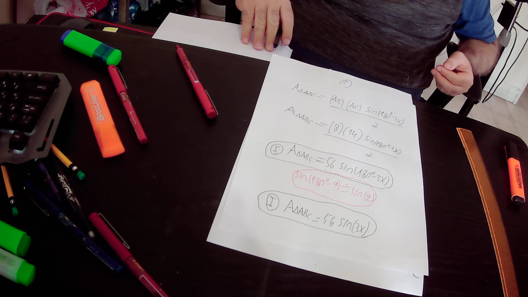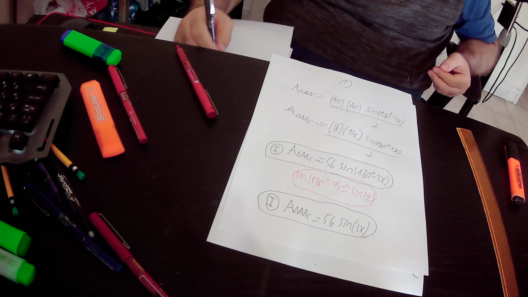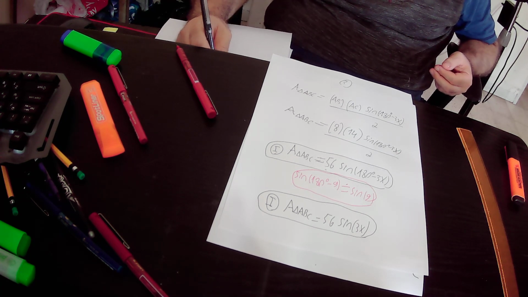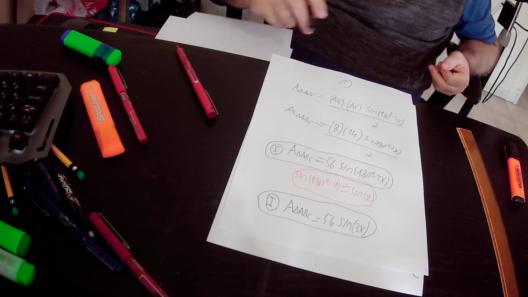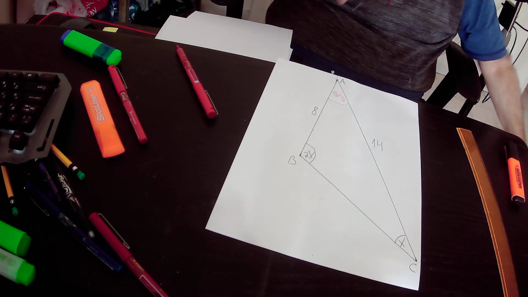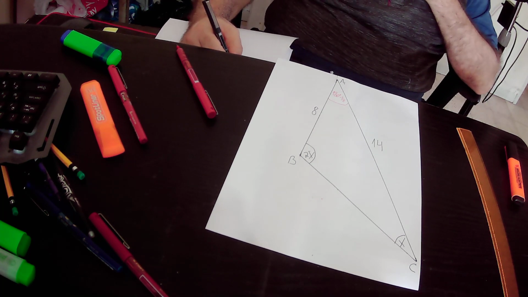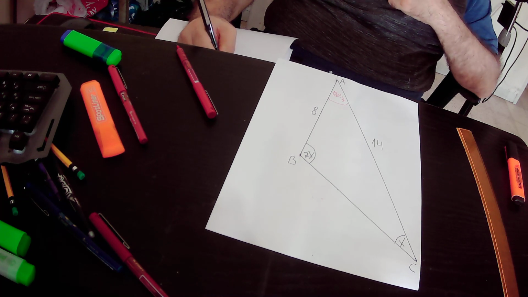In the next step, I will present you a new rule, rule number 5, that is actually the law of sines, and we will use the law of sines in our triangle ABC.